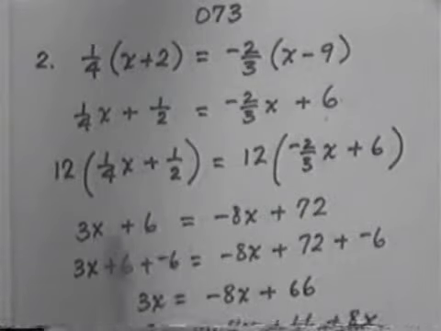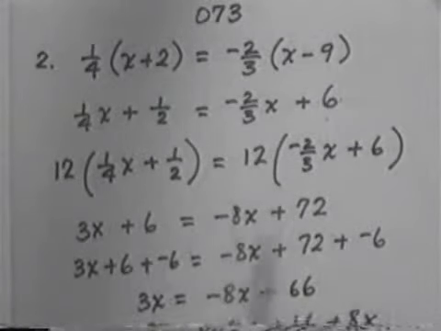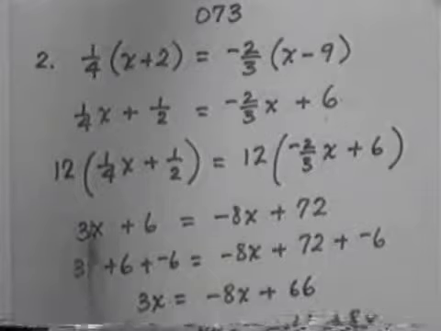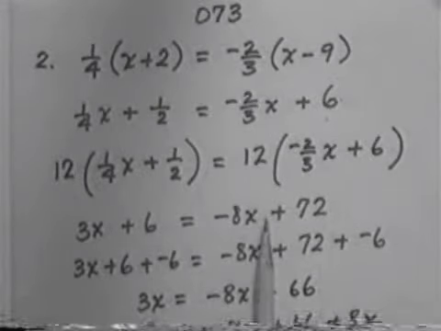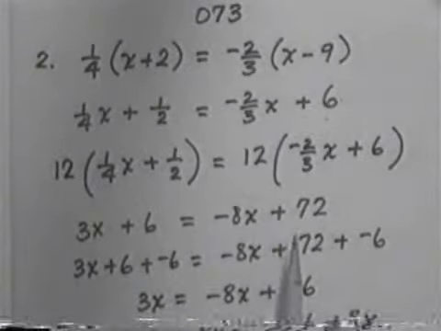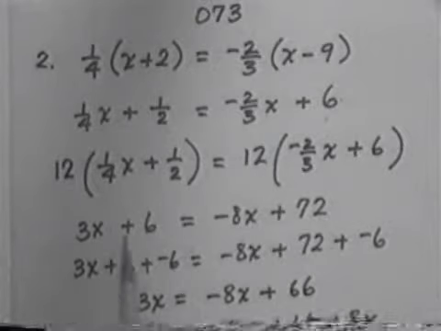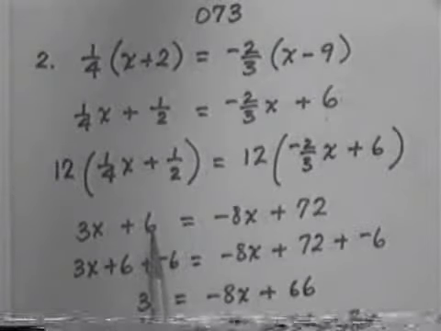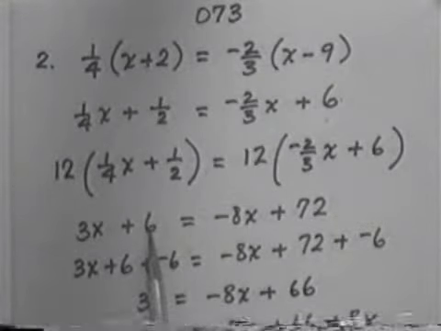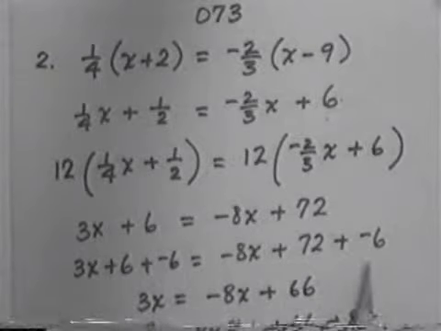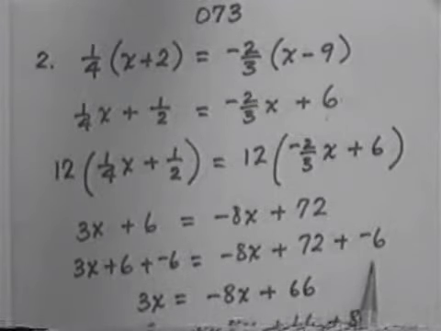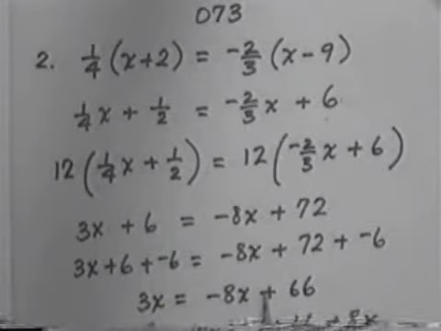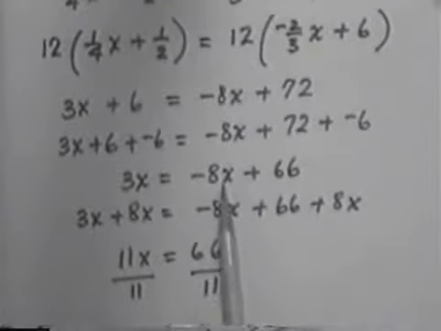We want to end up with variables on the left and constants on the right, like putting the dark clothes on one side and the light clothes on the other. So if we sort laundry, we've got a 6 over here that's on the wrong side, so we've got to move it out of there. Remove this from the wrong side by adding its opposite. In the next line, we notice that there's a variable on the wrong side.